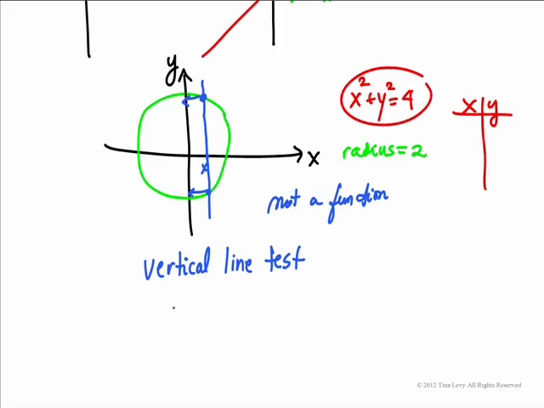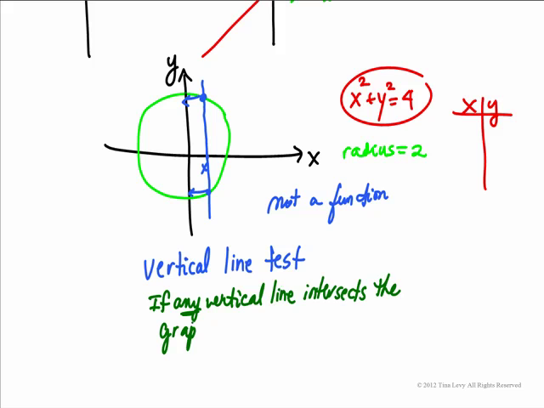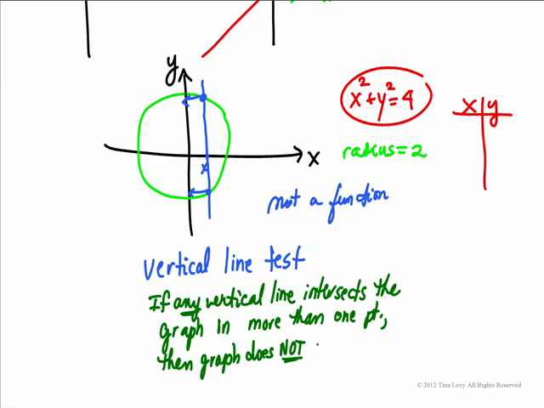So the vertical line test says if any vertical line intersects the graph in more than one point, then what that means is that particular graph does not represent a function.